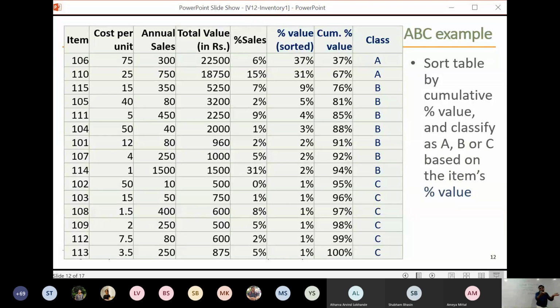For example, you can argue that item 115 can be either in B or A. That depends on how you want to do it. But here there's a huge difference, 18,000 to 5,000, so I put it as B. You can call it A if you want. Once we do this, we can figure out which inventory policy to use for each of them. We'll be covering inventory policy for at least the next 2 weeks.